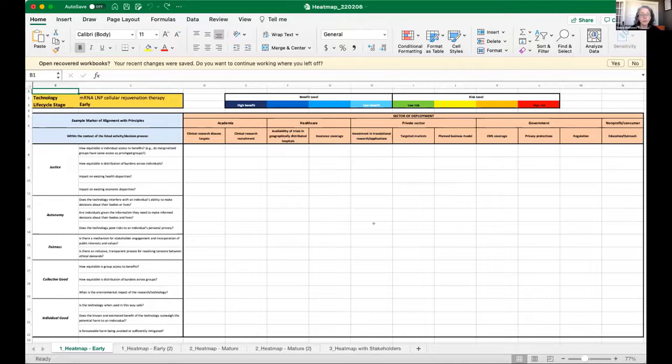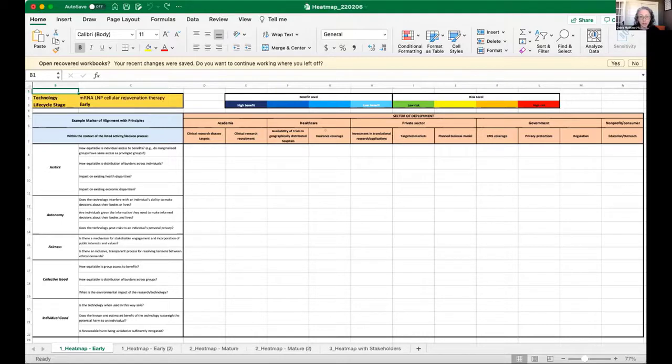It's meant to provide a visual representation of the results of a process that evaluates the alignment of a technology's impact, again, under current governance, with the guiding ethical principles. And performance is assessed based on a set of concrete indicators, or as I said earlier, markers of alignment with the articulated guiding principles and values.